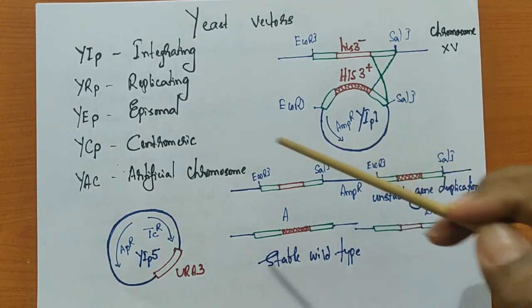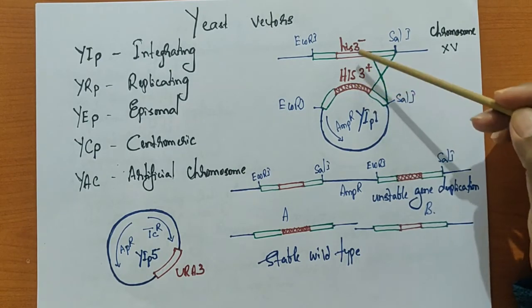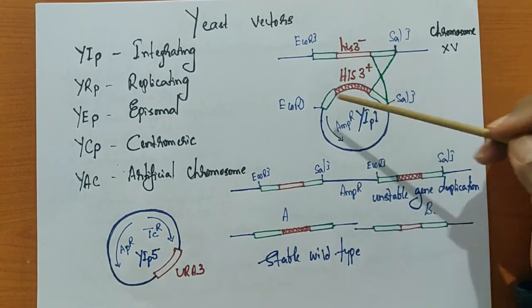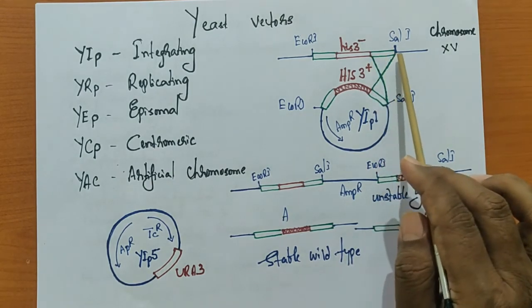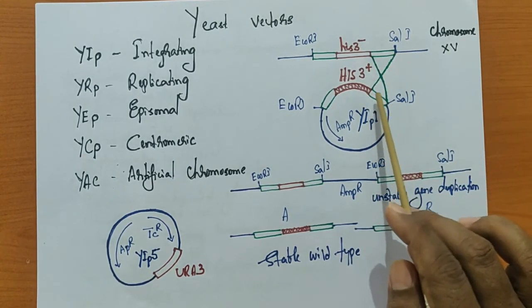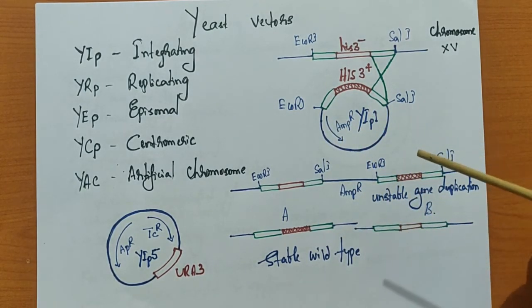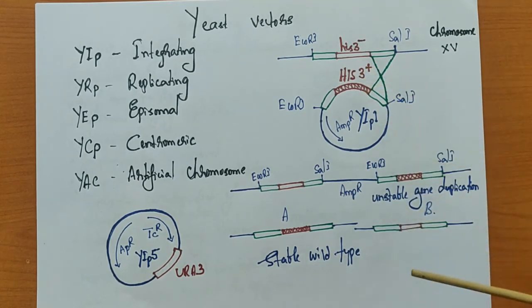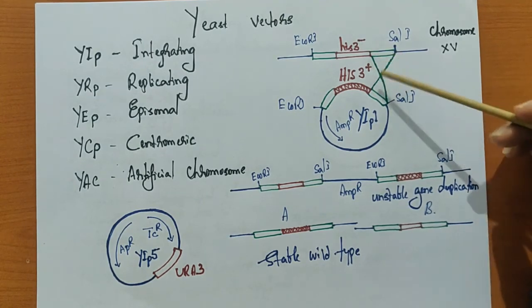Now in order to have an integrating vector, suppose this is the gene of our choice, on either side we need to have a DNA segment. We need to have such repetitive units in this region, because that particular region is very important for integrating, and this is very important for the crossing over.